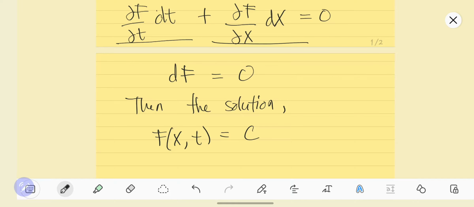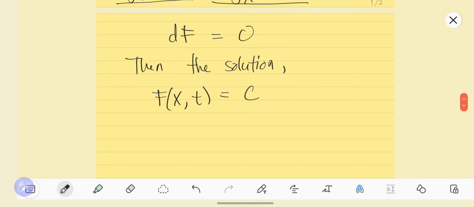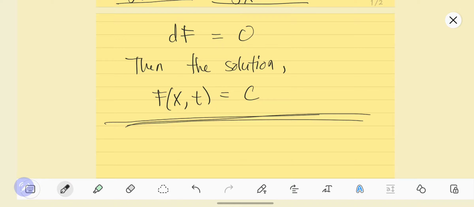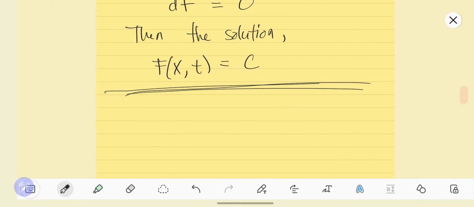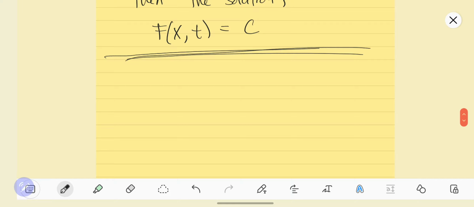To understand this, we will try to have some examples. Our example is x dt minus t dx = 0.